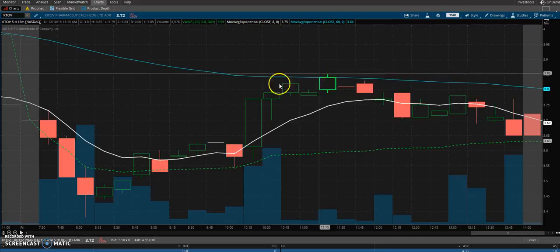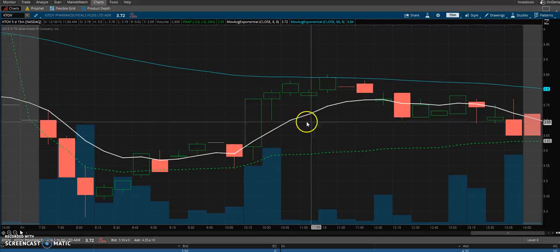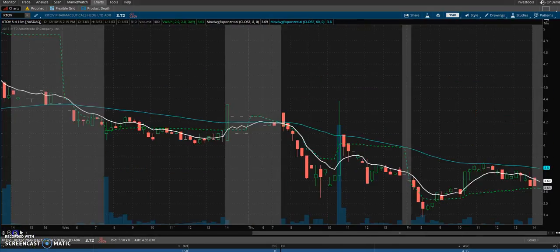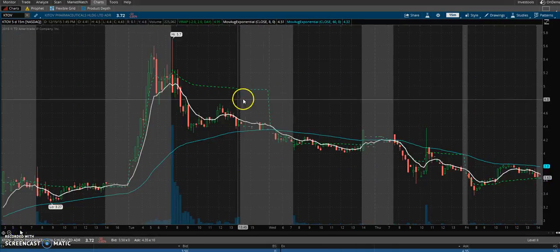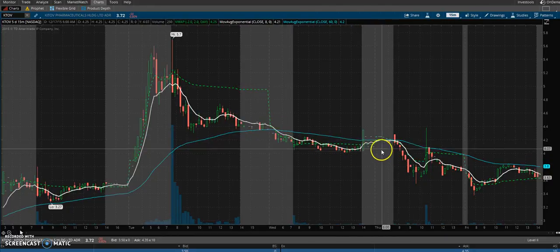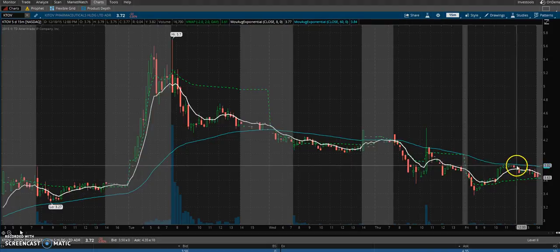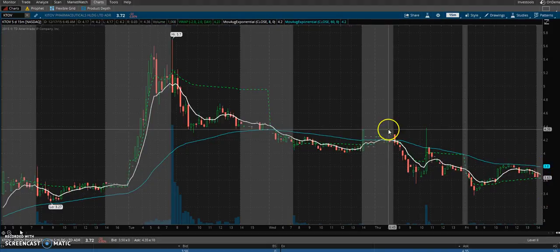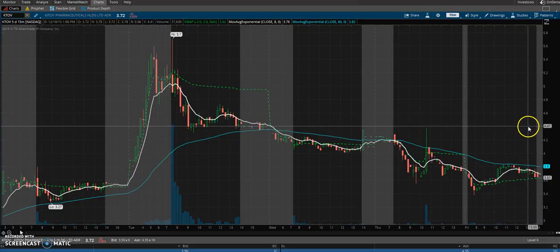Those are going to be your telltale indicators that this is a bullish stock. Let me zoom back out here. You'll notice the past few days, the 8 EMA hasn't quite crossed over the 60 EMA, so it could be another day or two, and then it just might cross and give you a decent percentage gain.